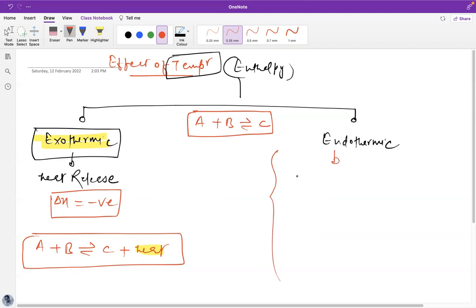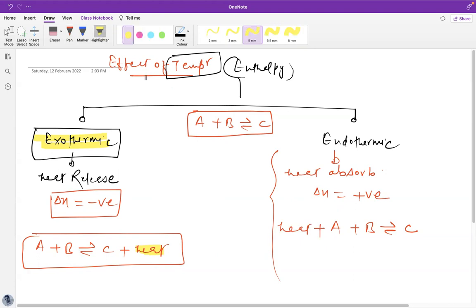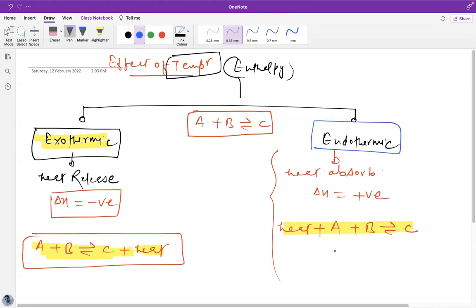Endo means heat absorbed. Heat absorbed means delta H positive. The same reaction you can write as A plus B going to C, and now we write the heat on the reactant side. This is the major difference: for exothermic, heat is on the product side, and for endothermic, heat is on the reactant side.